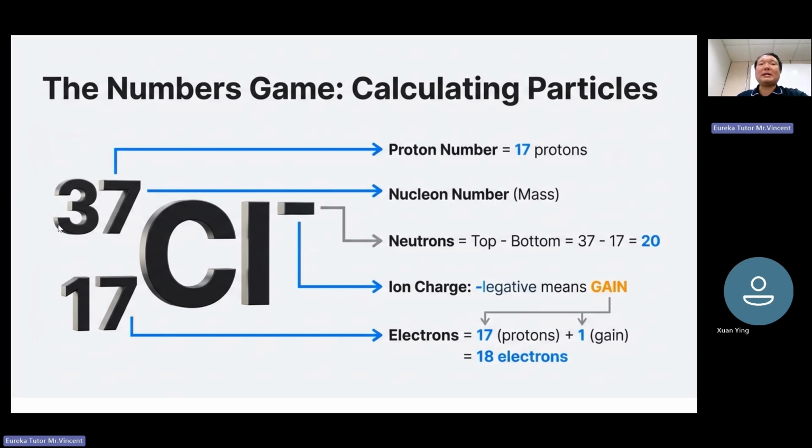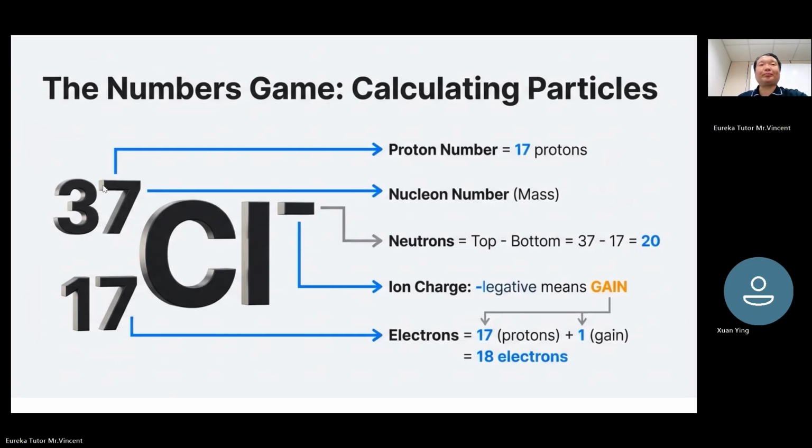For example, you see this 37 and 17. The 17 means the proton number, also the electron number. Then 37 minus 17 equals 20. 20 is the neutron number.